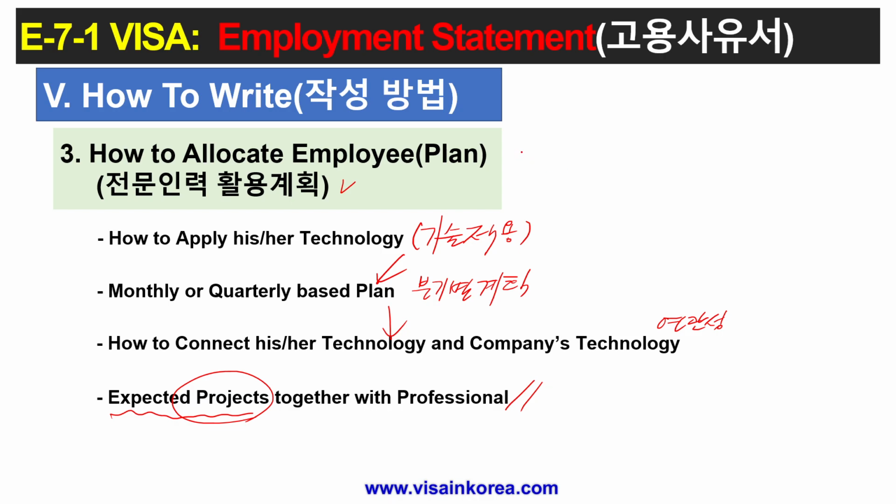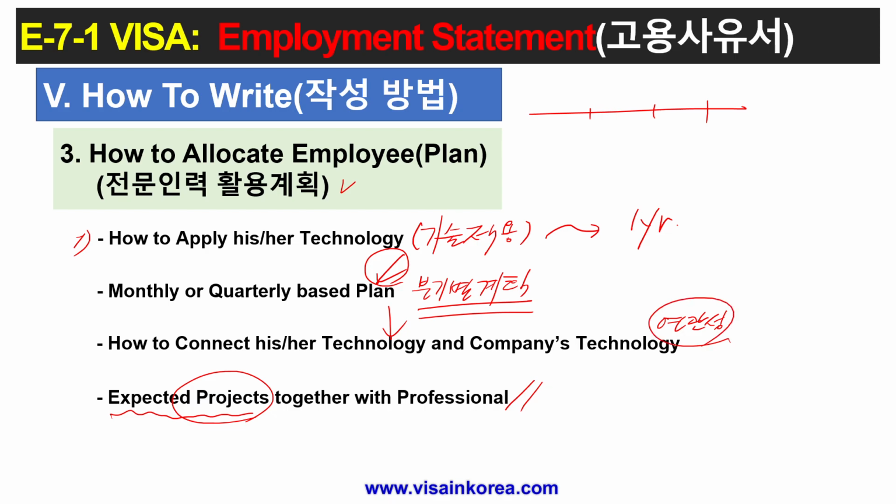So the part 3 is how to plan to use you. The first one is how to apply your technology into our project, in detail. So how to use your technology monthly or quarterly, but you can write 1 year. Okay, no need for more than 2 years. So every quarter or something like this, which kind of things you can proceed with that kind of technologies.